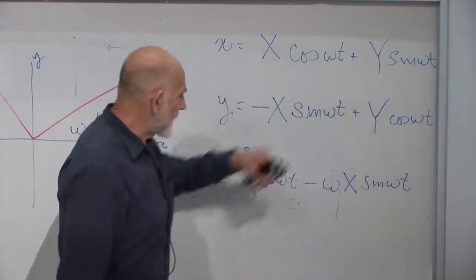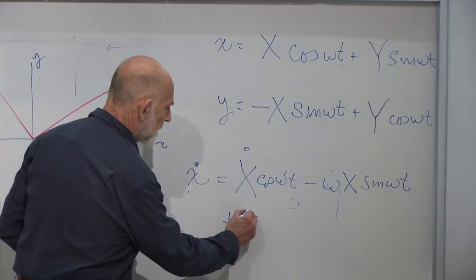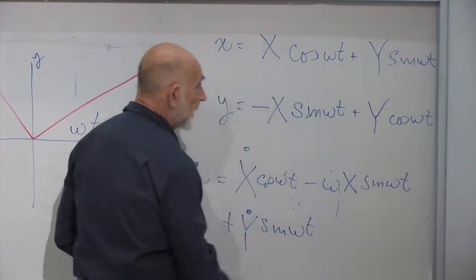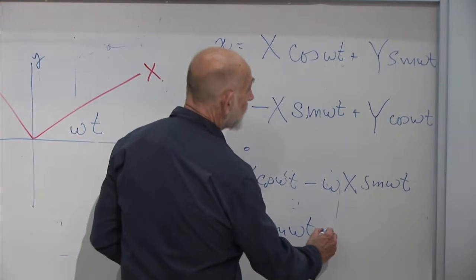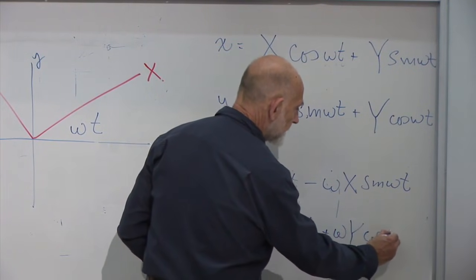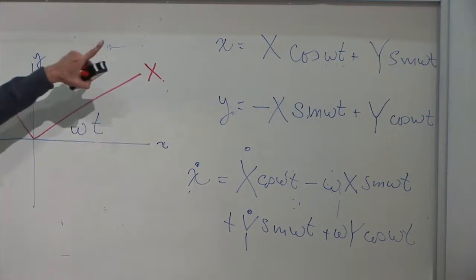Now we have to differentiate this. It's plus big Y dot sine omega t, and then plus omega Y cosine omega t. Straightforward differentiation of x with respect to t.